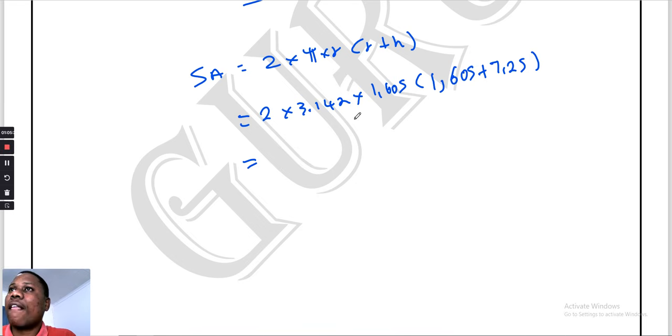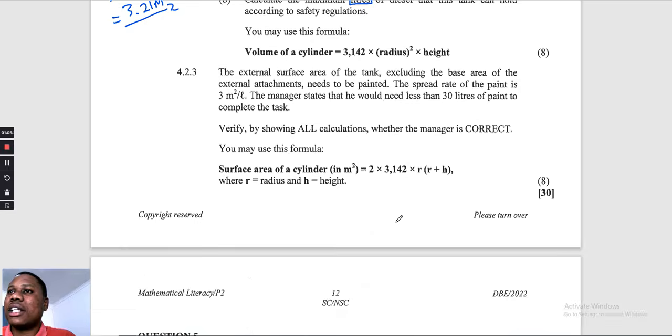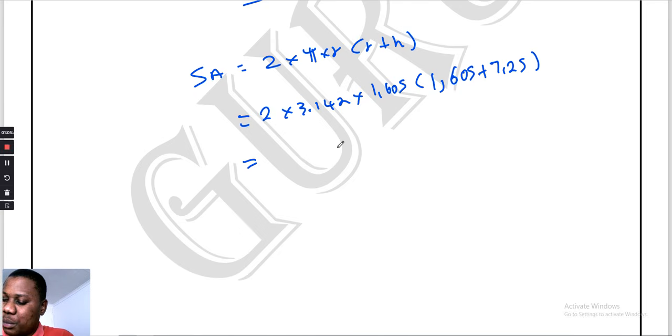I think we can punch this straight into a calculator. It's 2 multiplied by 3.142 multiplied by 1.605, and that gives us 10.08582 meters, multiplied by 1.605 plus 7.25.